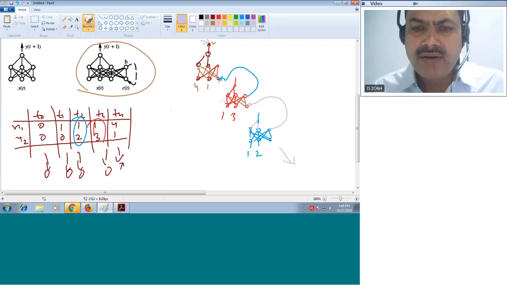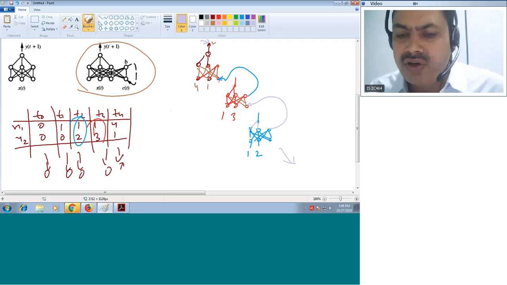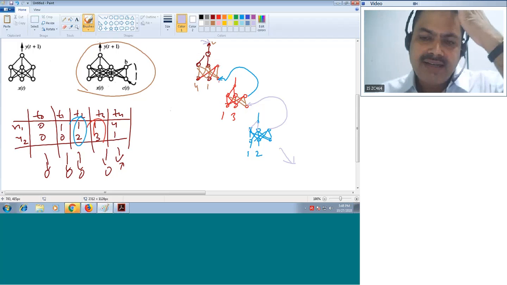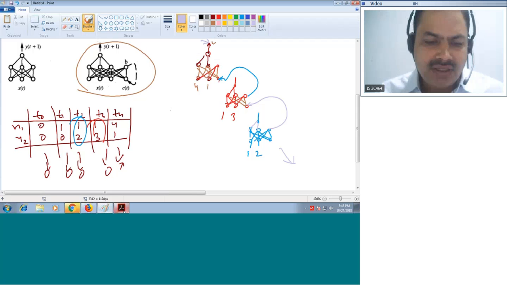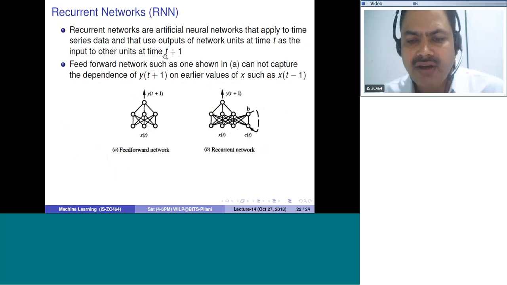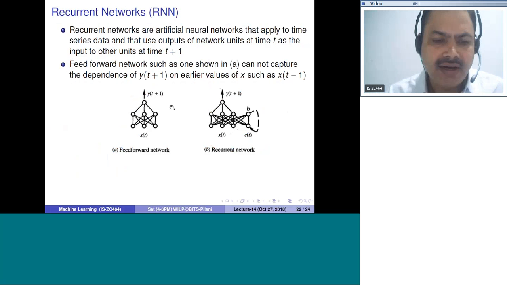This is called the unfolding. Whatever was given, 1 2, 1 3, 4 1, everything is considered when the output is generated at this particular moment. Such a network is called a recurrent neural network, or RNN.